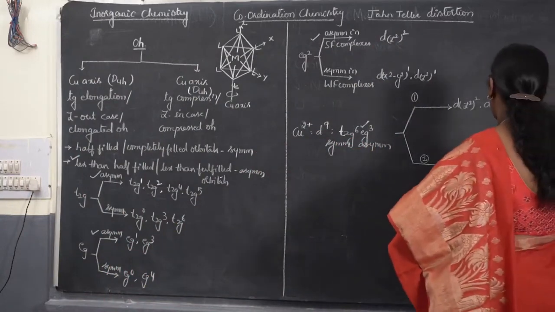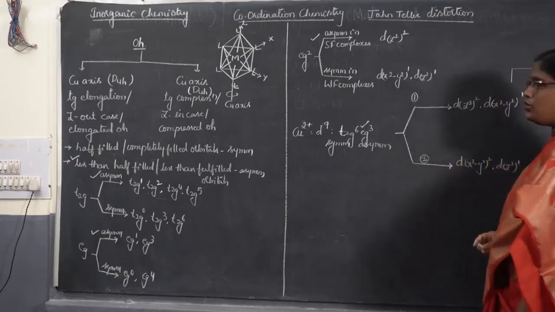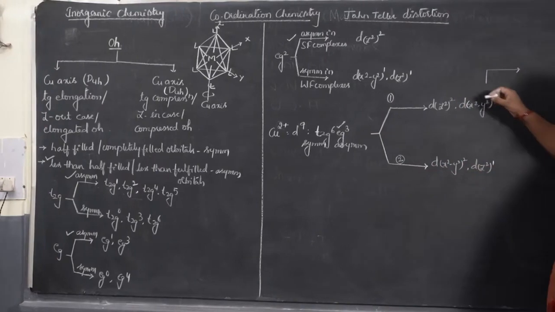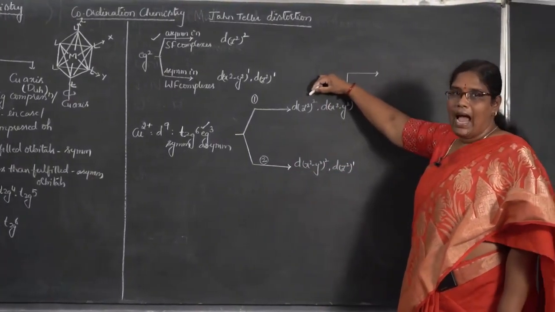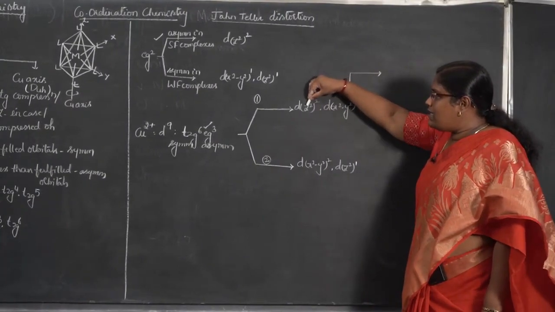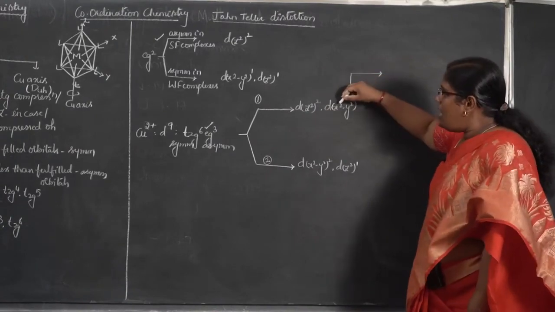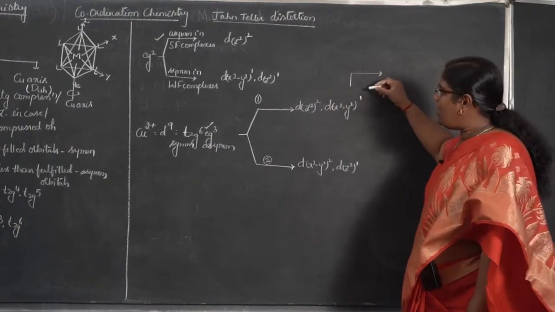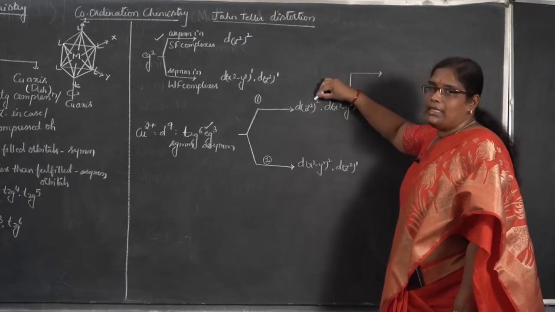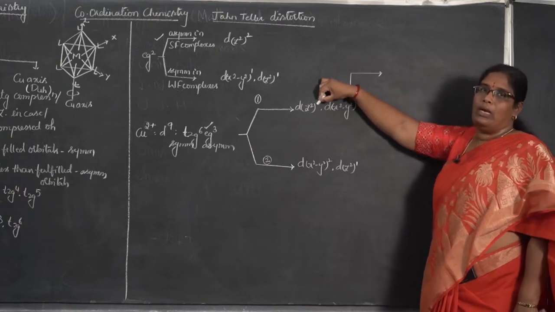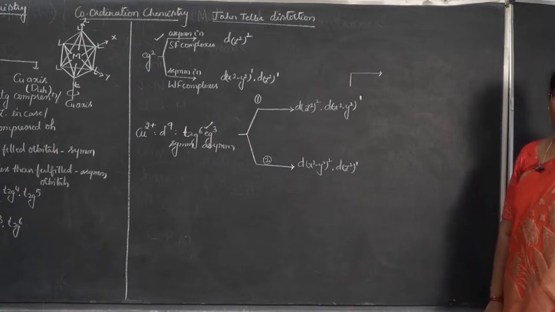So in the first case, let us see what is the type of distortion we are going to get. The ligands approaching the metal through the most populated axis. So here we have the z-axis where we have two electrons, and along the x and y axis you have one electron in dx square minus y square. The ligands approaching the metal through the most populated axis are more repelled by the metal.